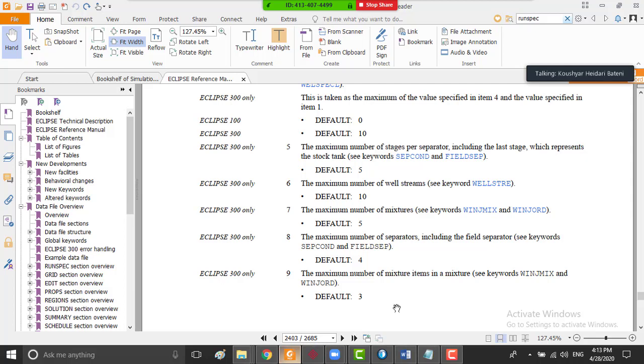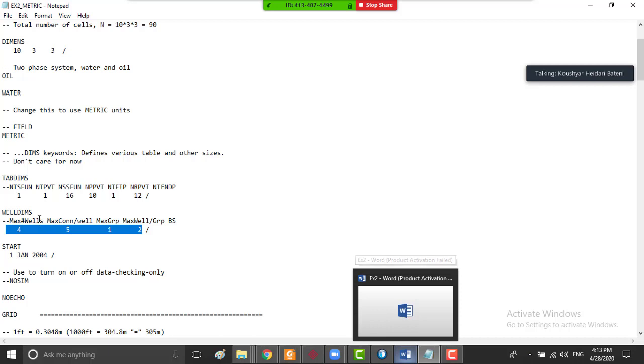Now, this Veldems keyword is a necessary keyword of the run spec section, but for the simple cases that you are going to work with, it is not very important.